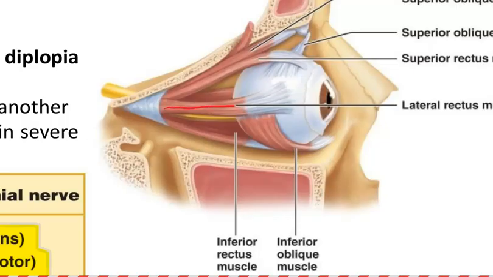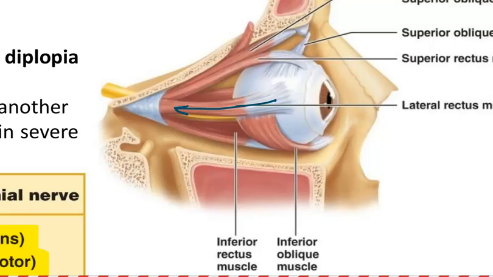So, this is lateral rectus. How do you know what a specific muscle does? How can you figure it out, folks? You pull on it. So if you pull on the lateral rectus muscle, which way would the eye turn? To the side, laterally.